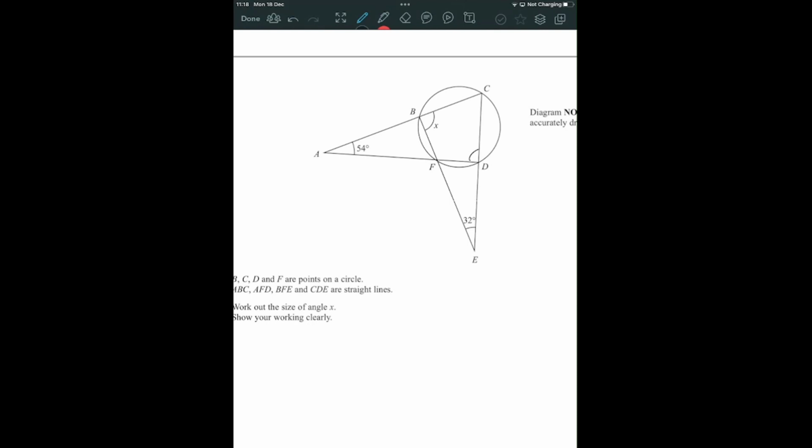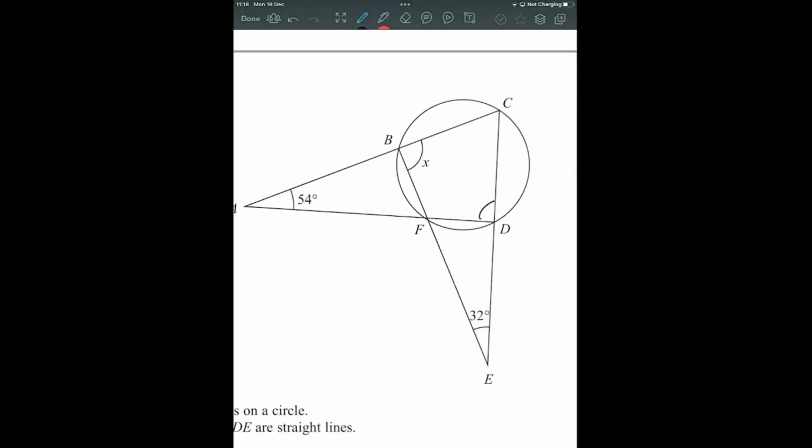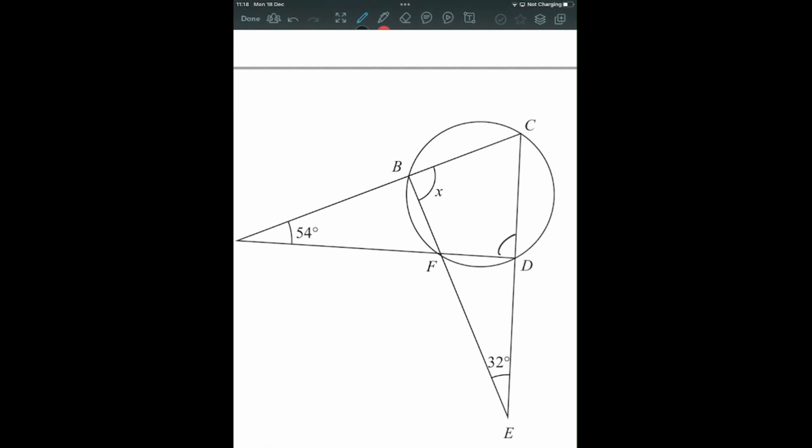So, what else could we do if we haven't got a clear approach? Sometimes just finding any angle is the useful idea. So I can do some things. I've got 180 minus x there, and I've got 180 minus x over there.